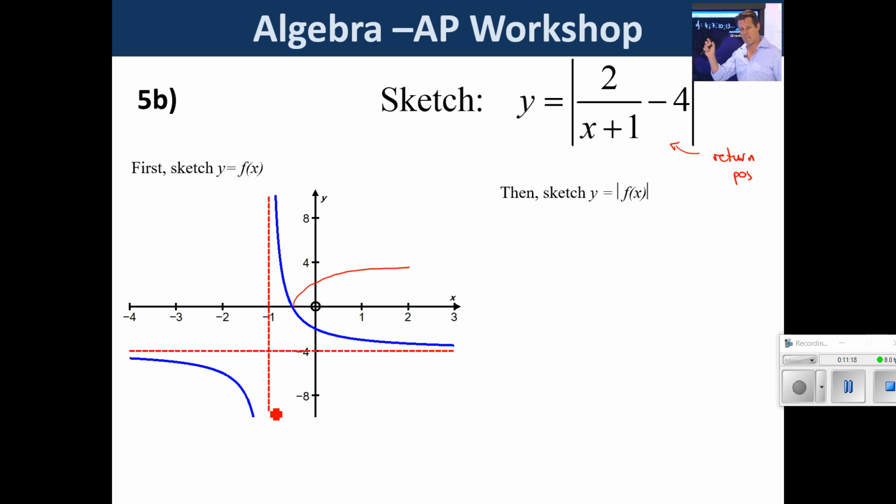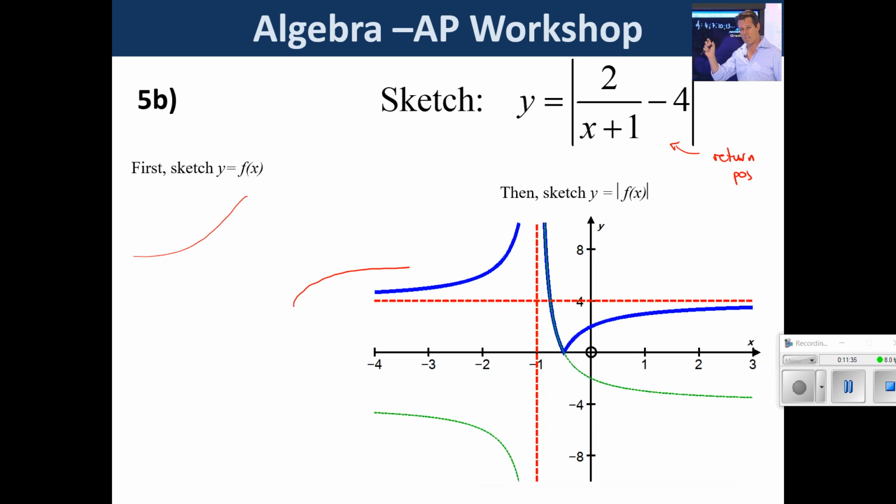The part that is underneath over here on the left will reflect above. But the really cool thing is that over here, this horizontal asymptote of -4, when you take the absolute value, that asymptote also reflects above. So I then get over there this horizontal asymptote of 4.